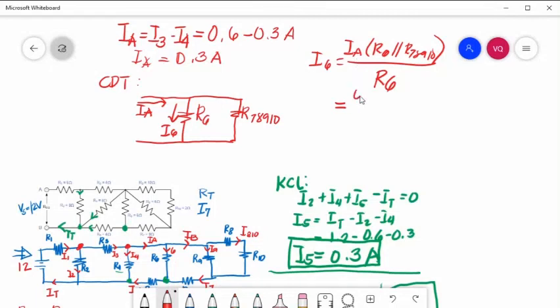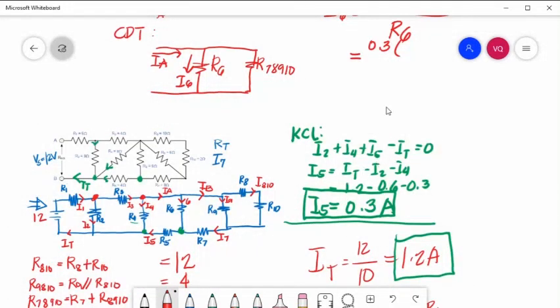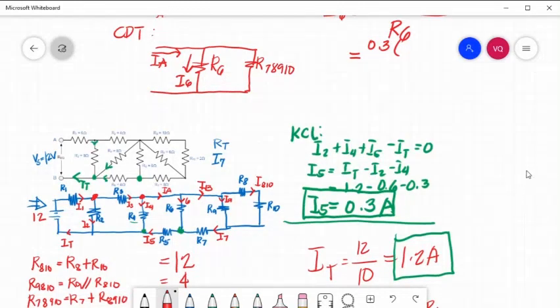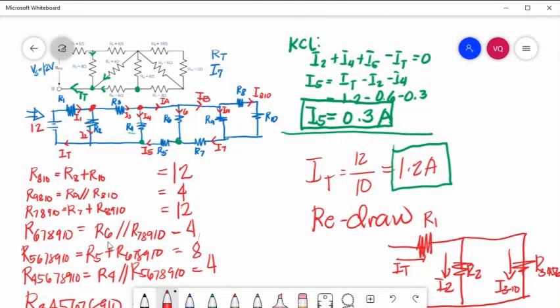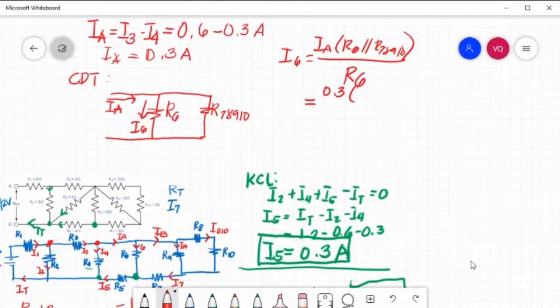IA is 0.3. R6, 7, 8, 9, 10 we already solved, which is equal to 4, divided by R6, which is 6 ohms. So, that is equal to 0.2 amperes.